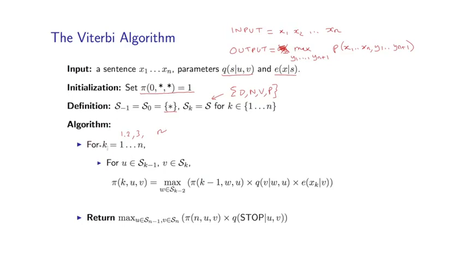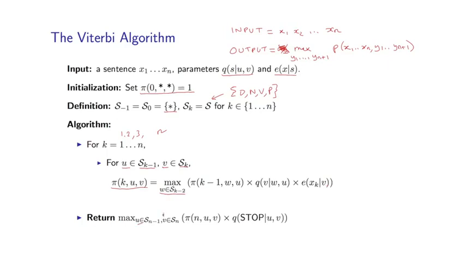Okay, so for any position k, we consider all possible tag pairs u and v, possible at positions k-1 and k, and we simply compute pi(k, u, v) using this max over w in S_{k-2}. Recall this is the set of possible tags at position k-2. And then I have this pi value times the q value times this e value.